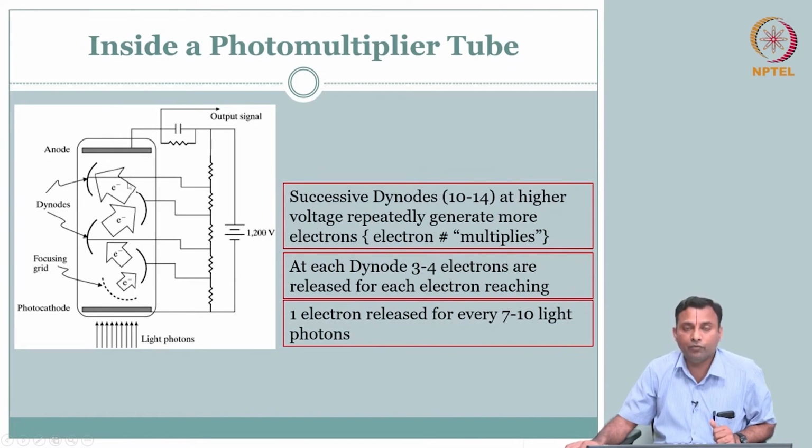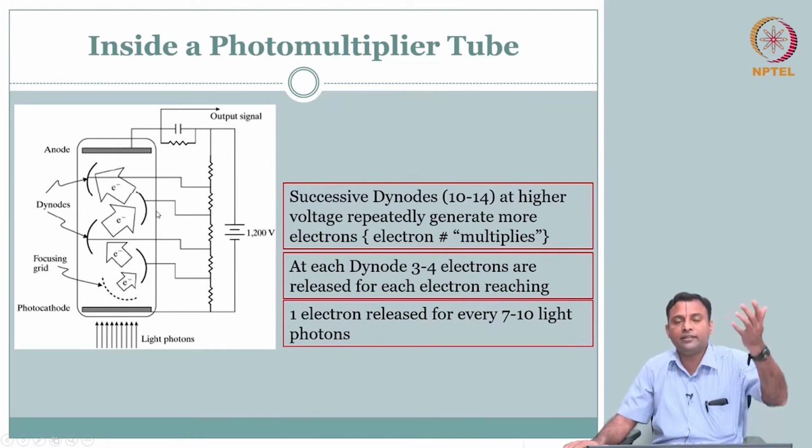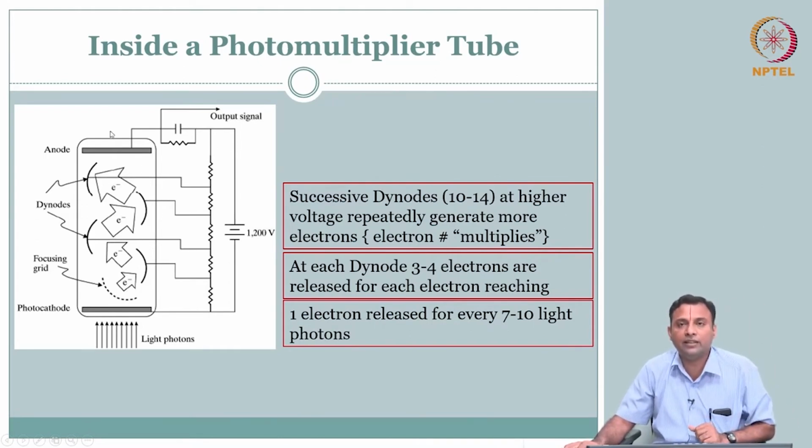You start with one electron, after the first dynode you get an additional 3 or 4, and those go into the next dynode, a chain effect, so it keeps increasing. This is why it is a photomultiplier tube. You see how the electrons are multiplied as you go through the successive dynodes.